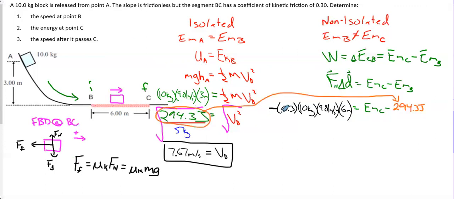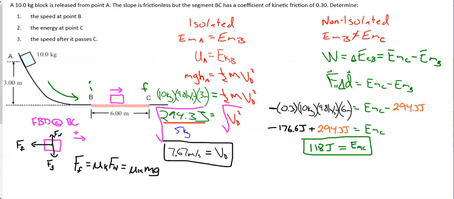I'm going to plug all my numbers in. My coefficient was 0.3, my mass was 10 kilograms, my acceleration of gravity is 9.81, and my distance between B and C should be 6 meters. Once I plug all those numbers through my calculator, I get something around 176.6. I think I rounded that number up. I don't remember at this point, but it wasn't a perfect number.